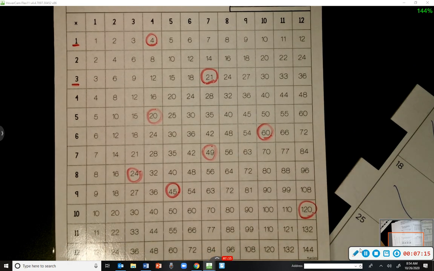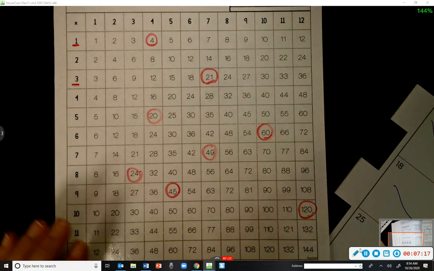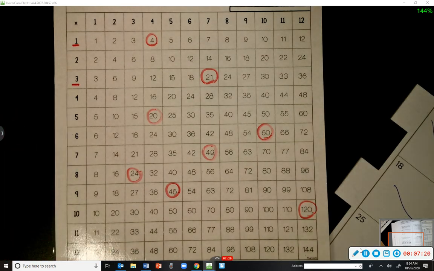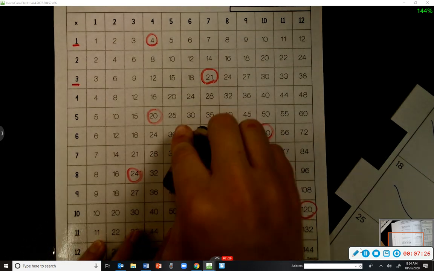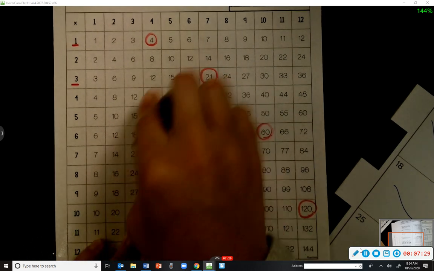Now, I want you to be looking at your chart and see if you can notice anything that's a pattern or that sticks out to you while I'm erasing this. So look at your chart and see if you can see any patterns.